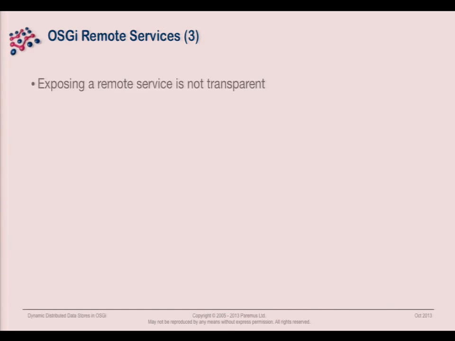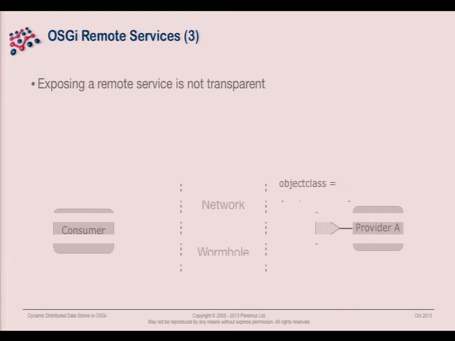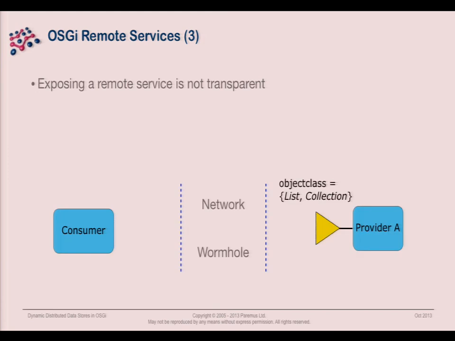Exposing a remote service is not quite transparent. You can see here we've got a provider, and he's listed that he's going to provide a service that is both a List and a Collection. Fine, but it's not being remoted right now.